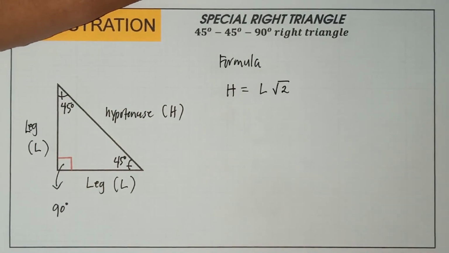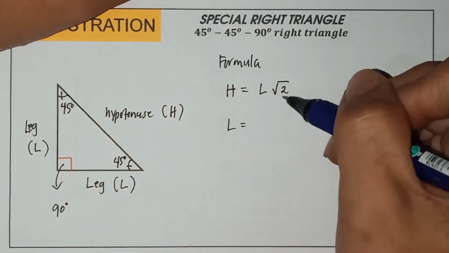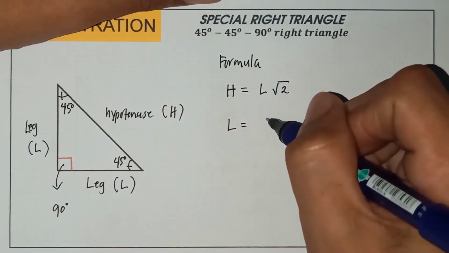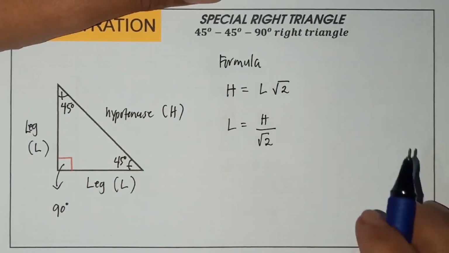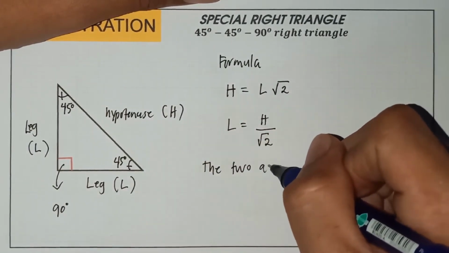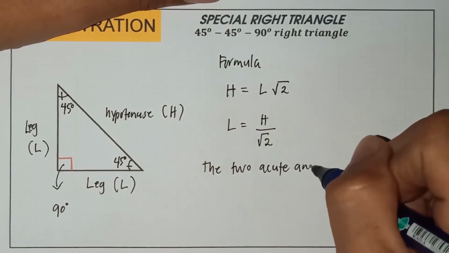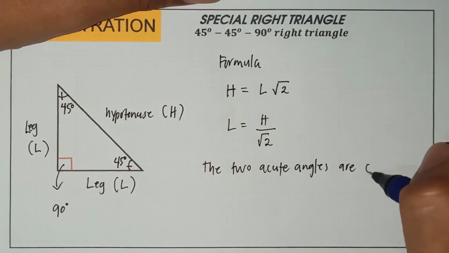And whenever we look for the leg, the formula is the hypotenuse over square root of 2. The two acute angles are congruent.